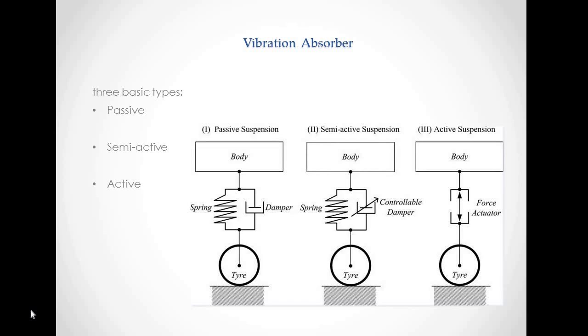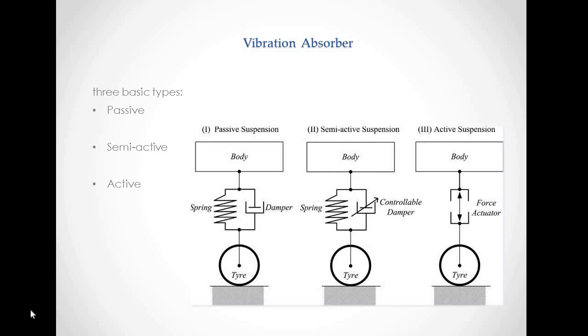To control the vibration, the frequency of the vibration absorber is set up in such a way that it will be matched with the frequency of unwanted vibration in the primary system.